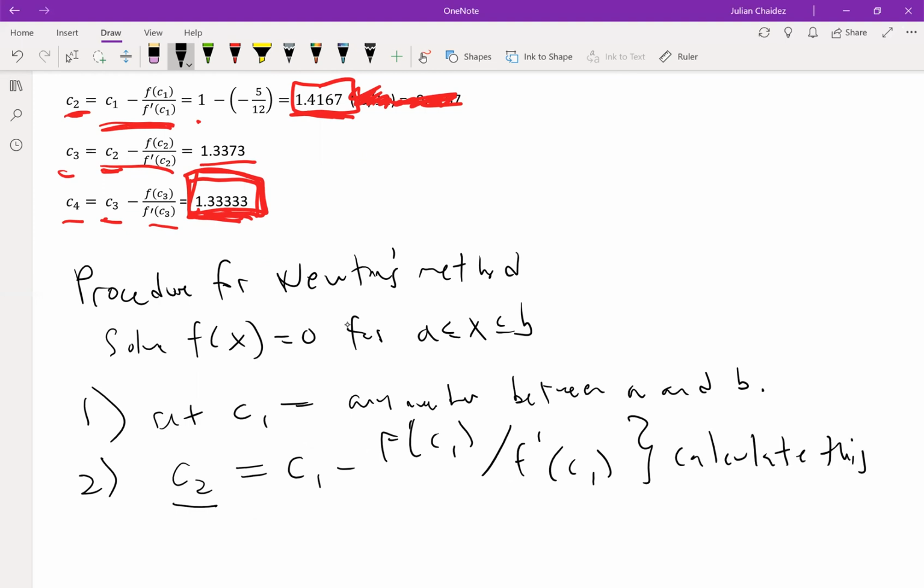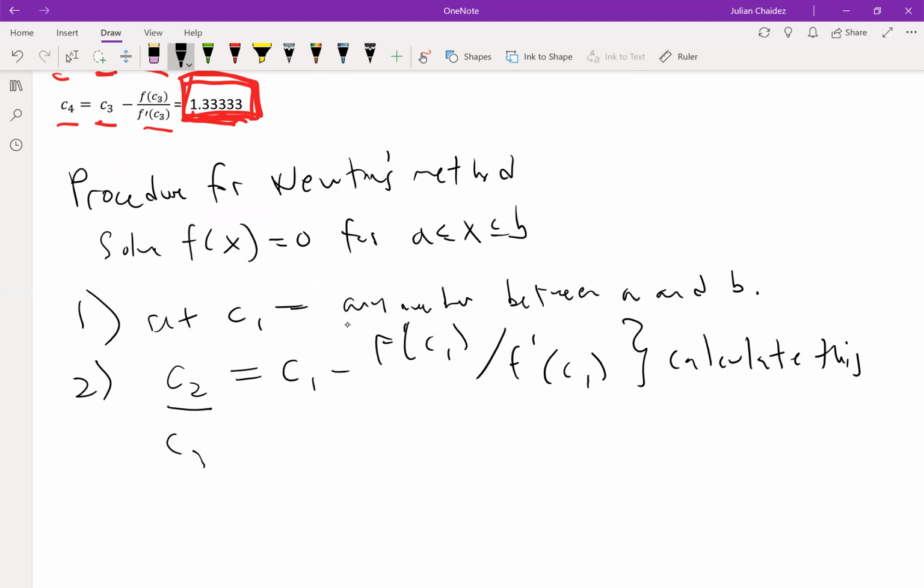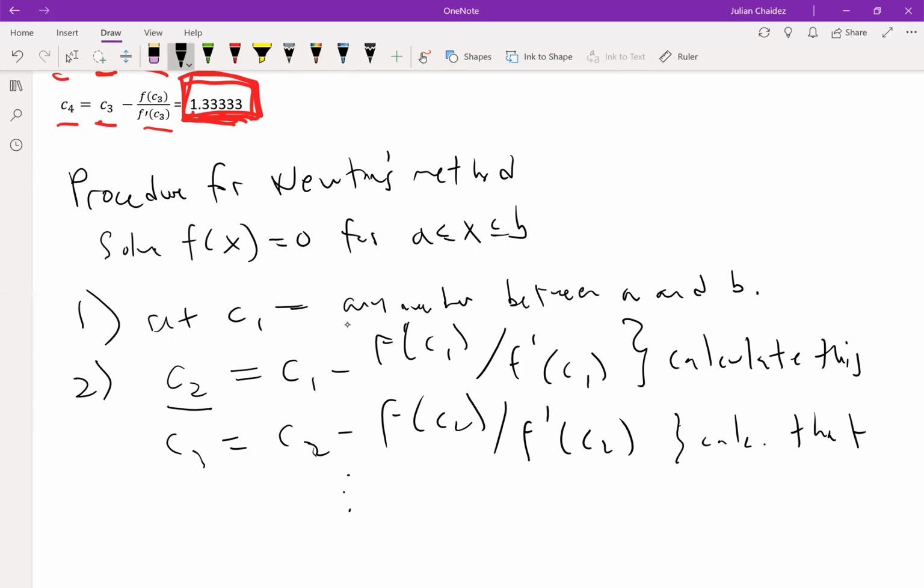Then the next step is you set C3 equal to C2 minus f of C2 divided by f prime of C2. You calculate that. And then you keep going until you get to K, where K is the number of steps that you're asked to do. So you say CK is equal to CK minus 1 minus f of CK minus 1 divided by f prime of CK minus 1.